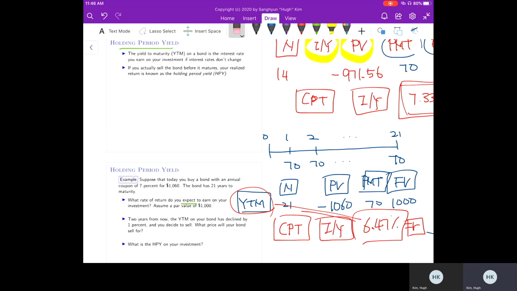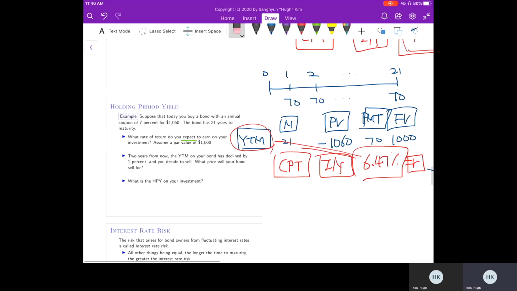So you purchase the bond at 1060. And 2 years from now, yield to maturity on your bond has declined by 1%. So yield to maturity becomes 5.47%.